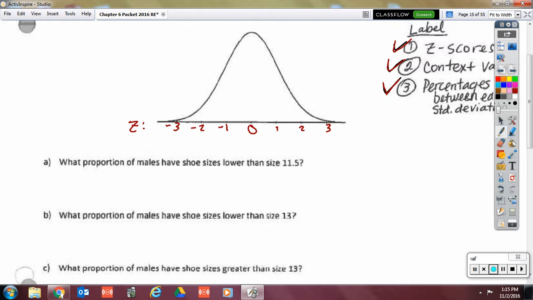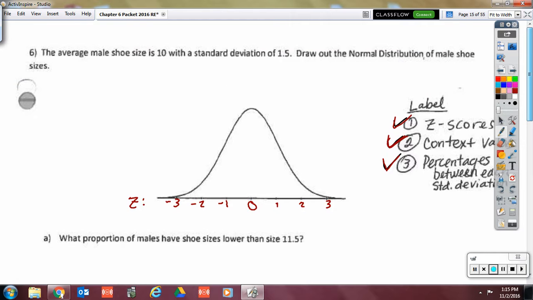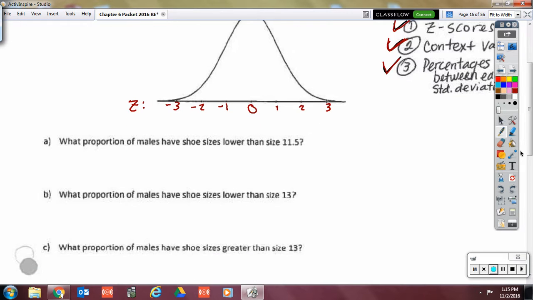All right. Then it says label the context values. So what is this problem about? It's about shoe sizes, so we're going to put that here. Shoe size. Now, what did it say that the average shoe size for males is? 10. So that's what goes here in the middle. And what is the standard deviation? 1.5.